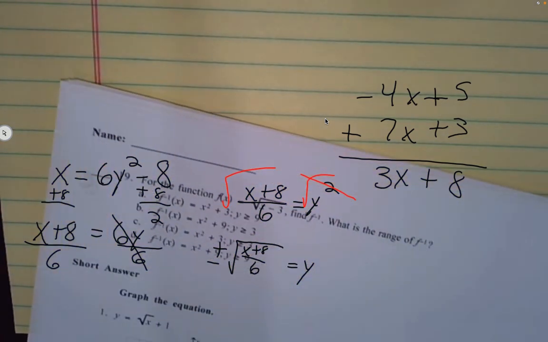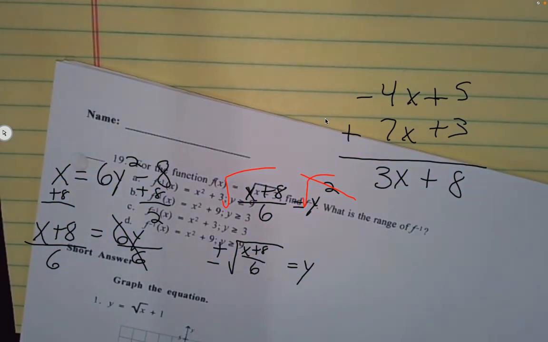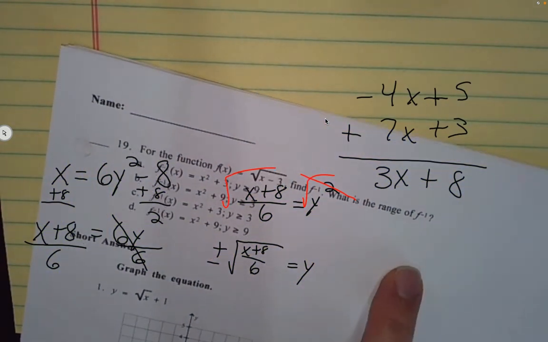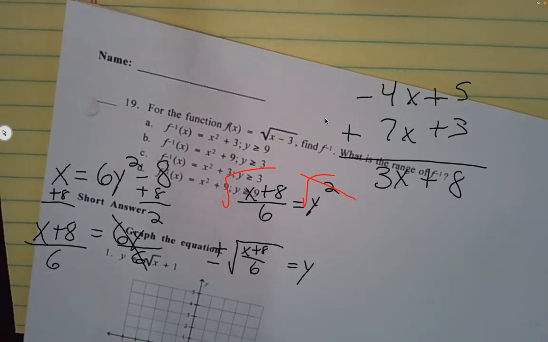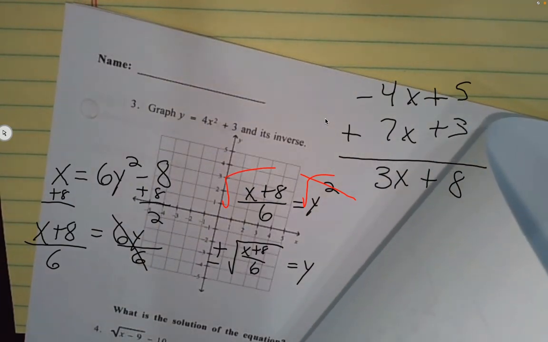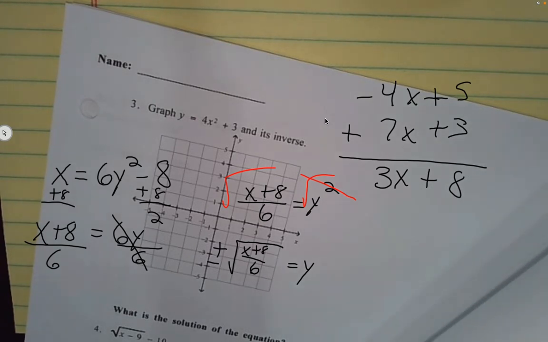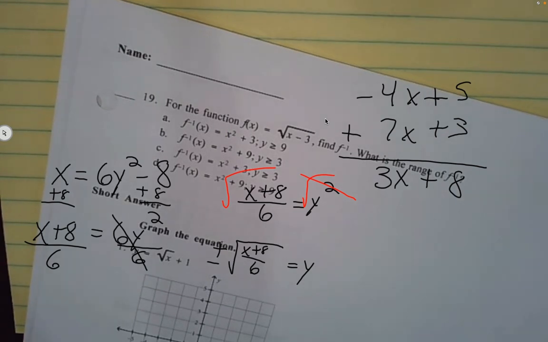Oh, 19's not on there, sorry. Then on the short answer, number 1, and then number 3, number 4, and number 6. I should have put 5 on there.